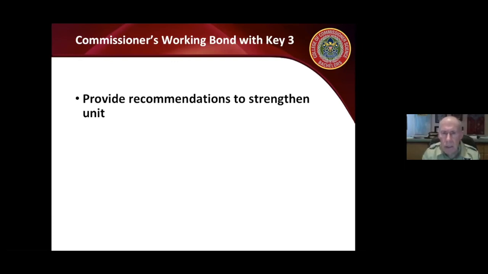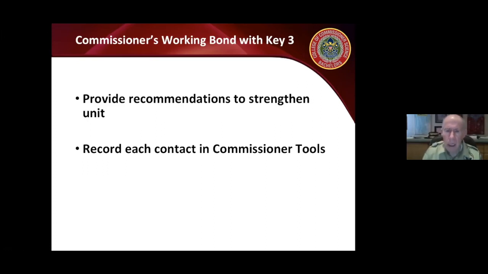Now, when the commissioner comes into play and begins working with that unit key three, they need to look around and identify the strengths of that unit. And if there are areas where those strengths are sagging, be able to provide recommendations on how those strengths could be enhanced.